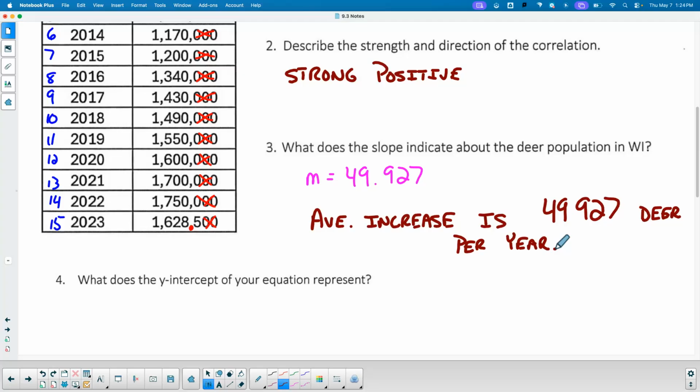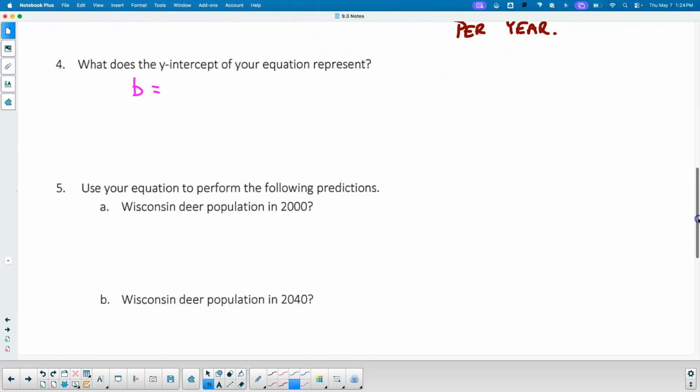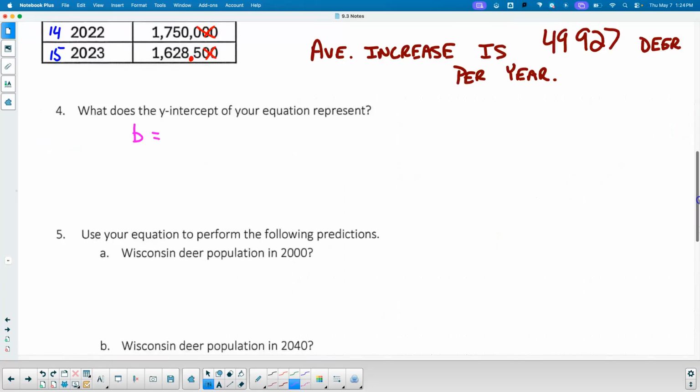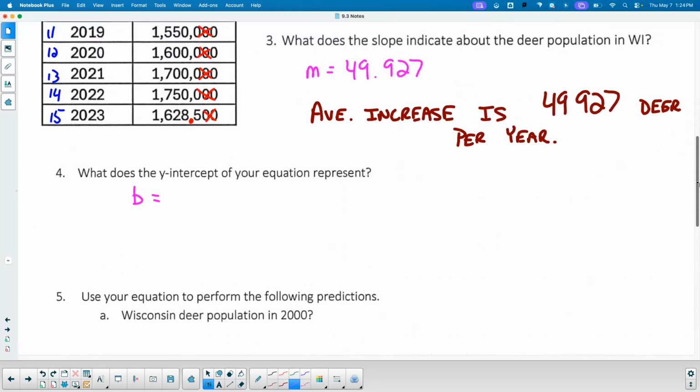Our y-intercept in this case was 963.819. Okay. What does that mean? You agree with her? But what was the actual amount of deer in 2008?